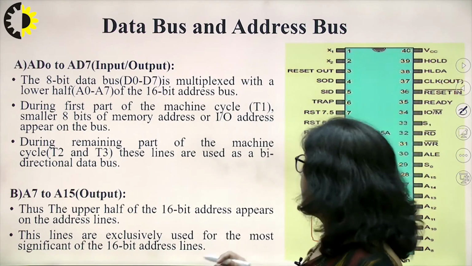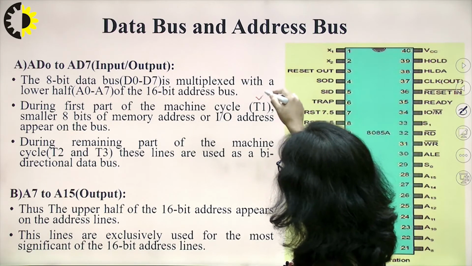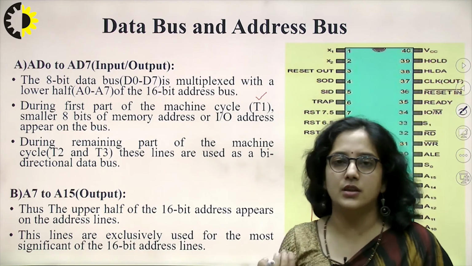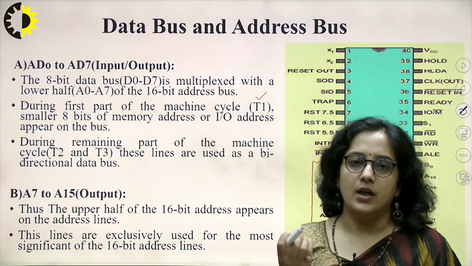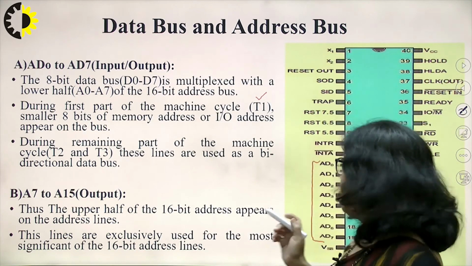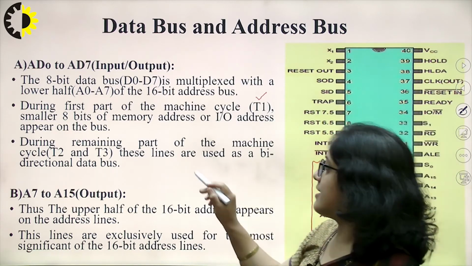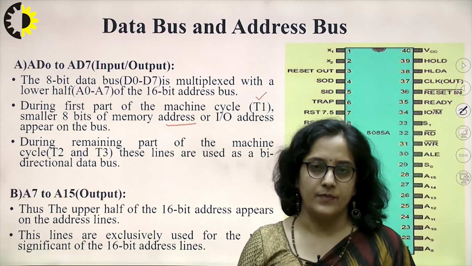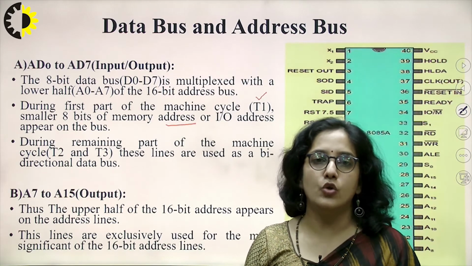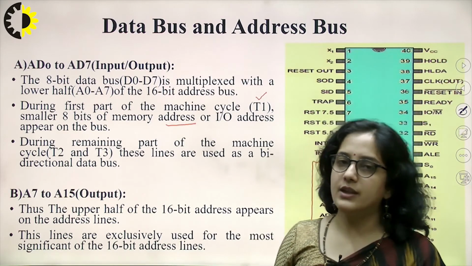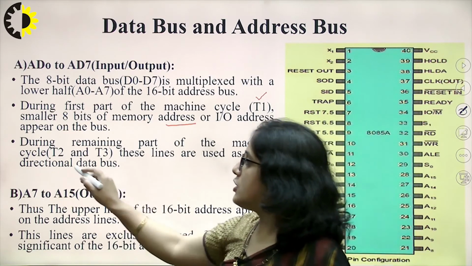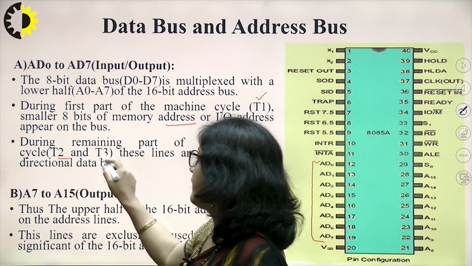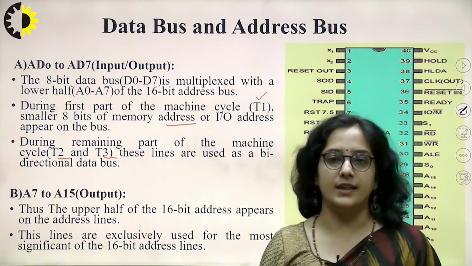So, for the first clock cycle, T1, these lines behave as an address. They carry the lower address lines, or they will work as a lower address. And after the T1 cycle, for the next T2 and T3 cycles, they will work as data lines.